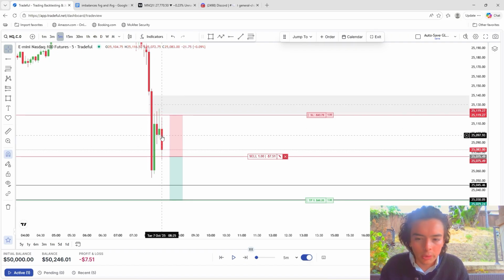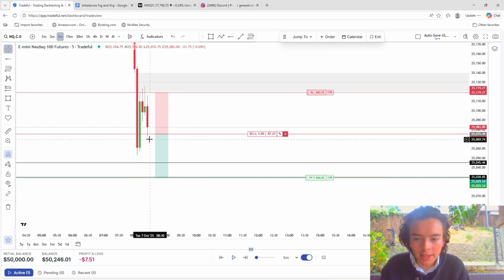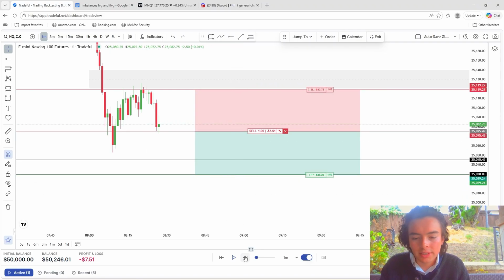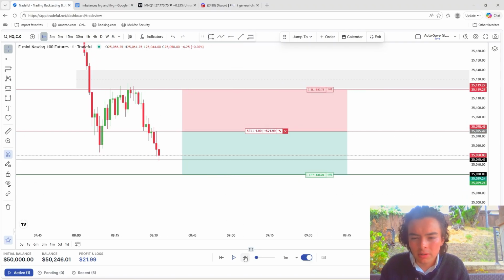So we ended up entering off the rejection off this gap, and ideally I wouldn't take a trade until, I'll tell you guys about this later. But I'm just showing you guys that this really just works. So let's just play this out and see what happens.